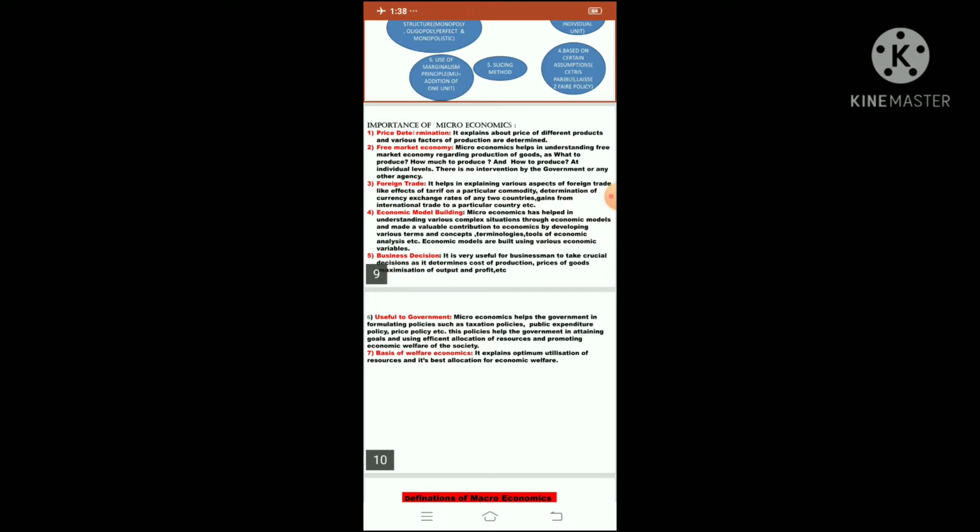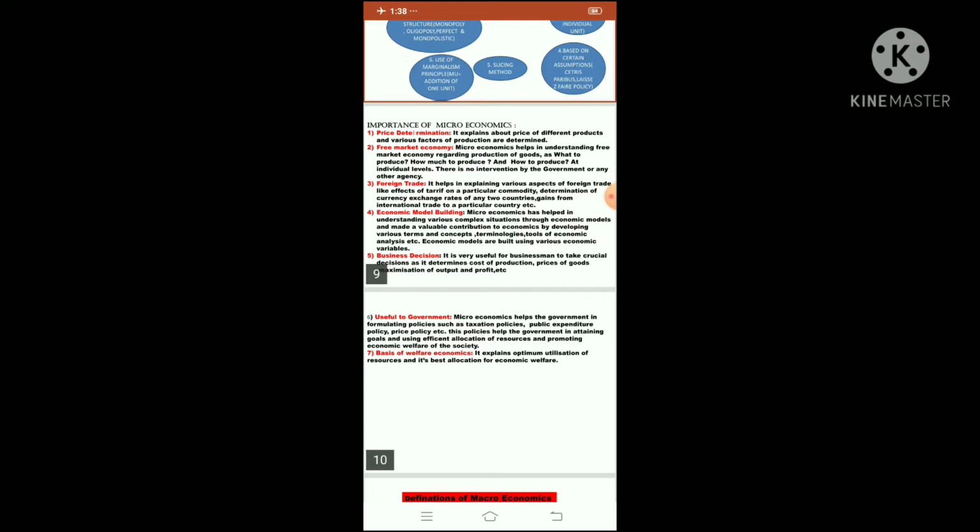Then the second importance is that it has a free market economy. Microeconomics helps us in understanding the free market economy, which is related to production of goods: what to produce, how much to produce, how to produce, at individual levels. In this process, there is no interference of government or any other agency.